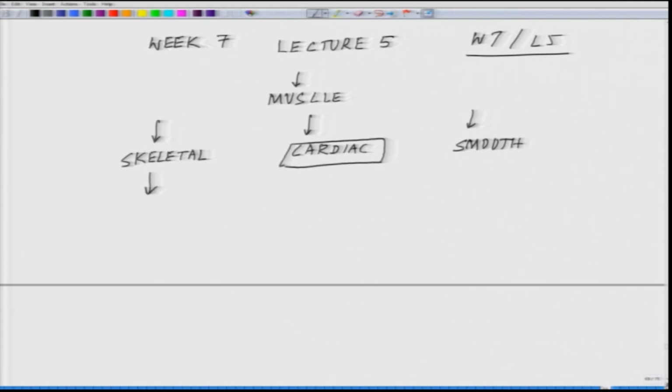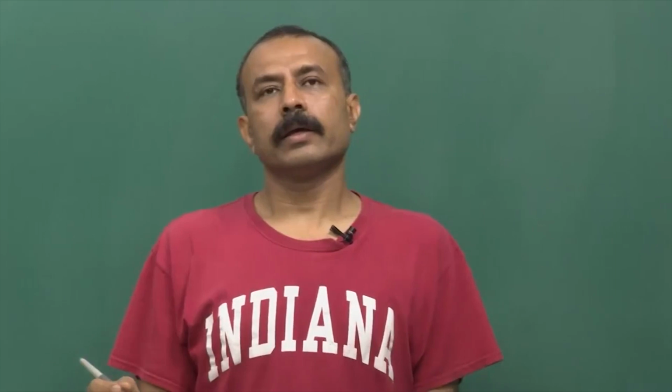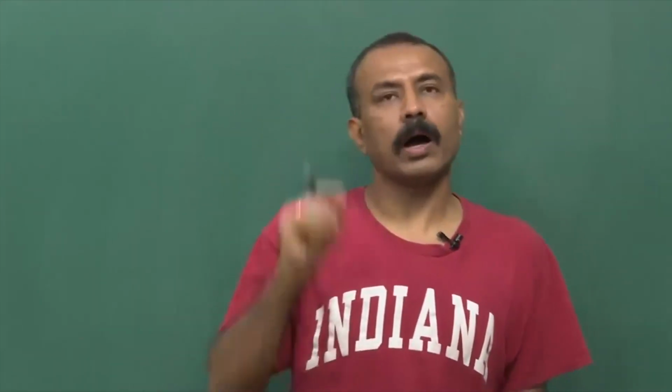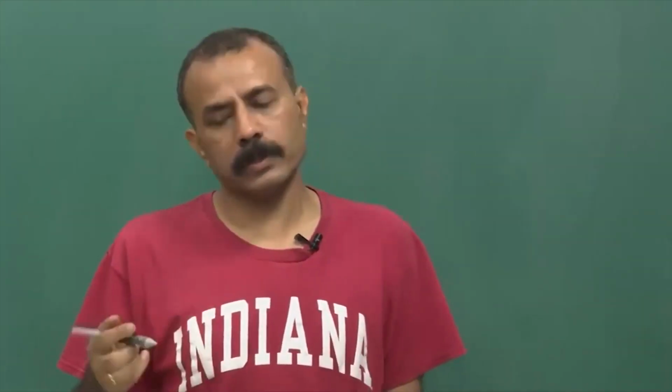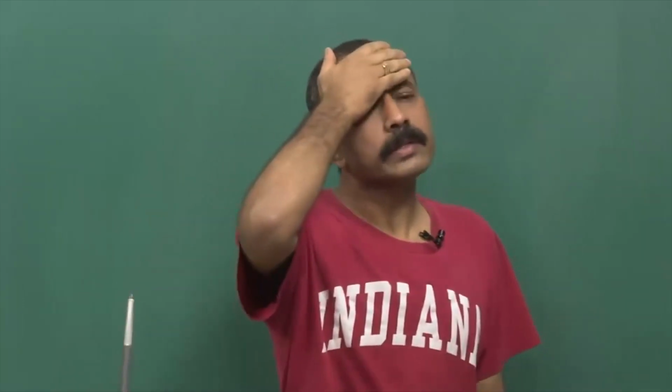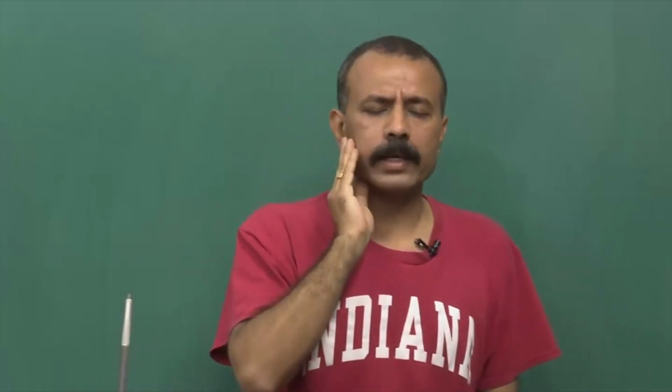Today we will talk a little bit about the cardiac cells, because there are several people who are interested in growing cardiac tissue, and yet they are not really aware of where to start, and which is the genuine reason.